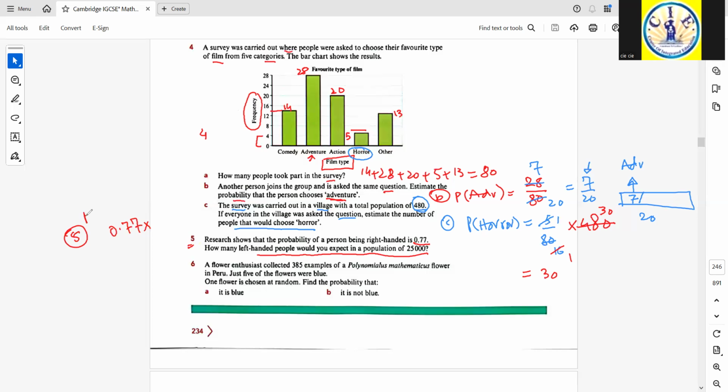So obviously doing it like this, the number of right-handed ones is 19250.